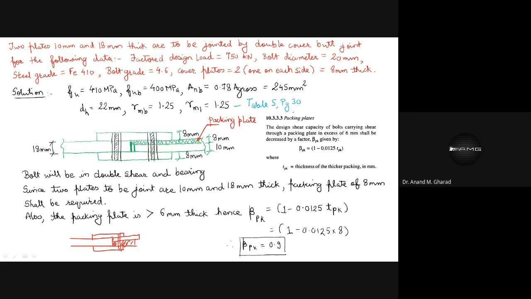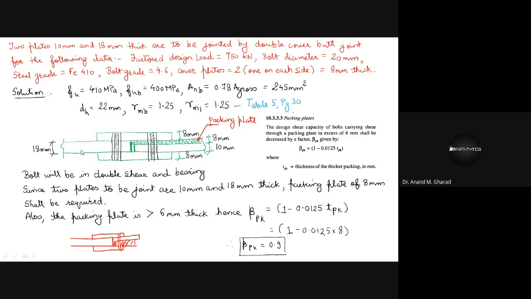Okay, so we will see what the changes are and what should be done in order to calculate the strength. The bolt will experience double shear and bearing because there are three plates, as you can see. Since the two plates to be joined are 10 and 18 thick, a packing plate arrangement is required.